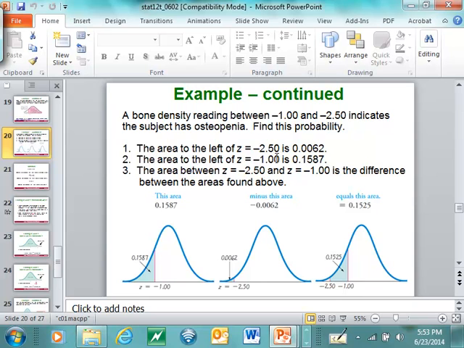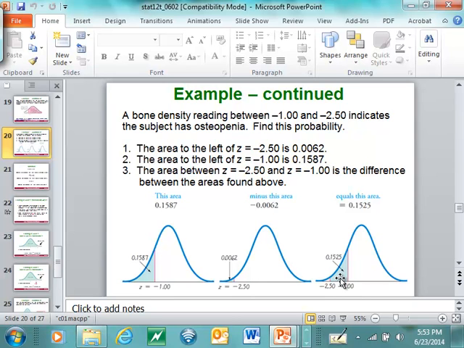Now, we have already found that the area to the left of z, according to the table, is 0.1587. The area to the left of z equals -2.5 is 0.0062, again, according to the table. And then if you were to subtract these two, 0.1587 minus 0.0062, this big area minus the small area, you end up with 0.1525.